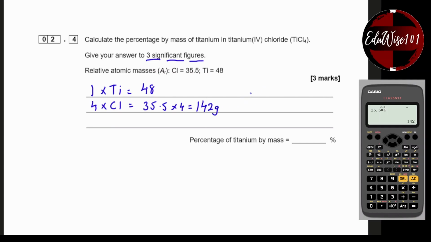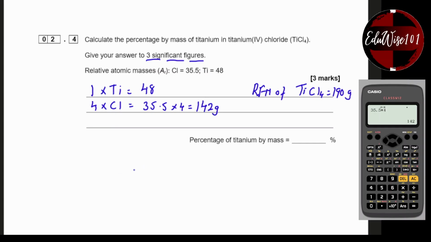So the relative formula mass of titanium chloride is 190 grams. Now we'll run out of space there, so I'm going to use this space here.